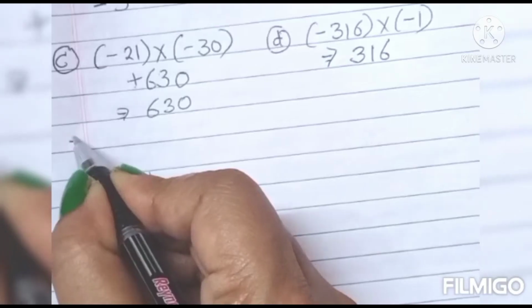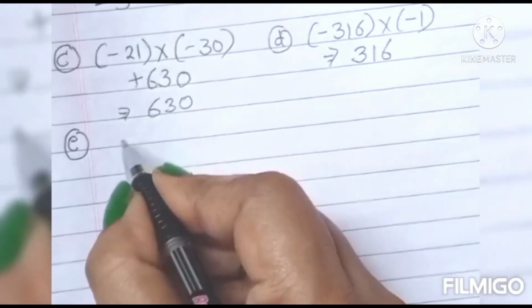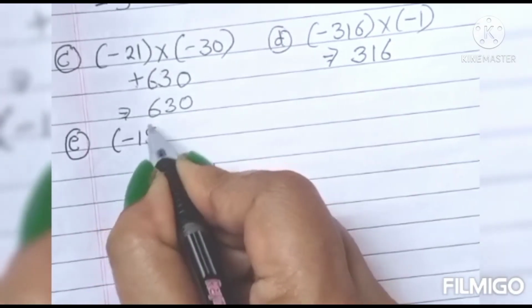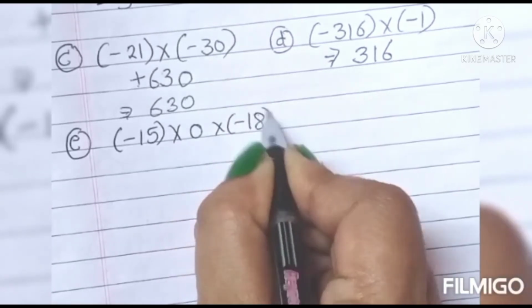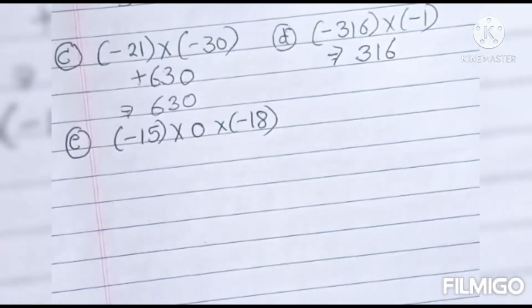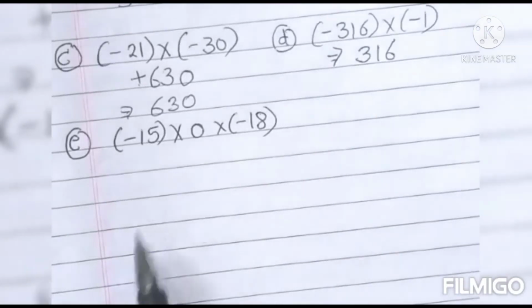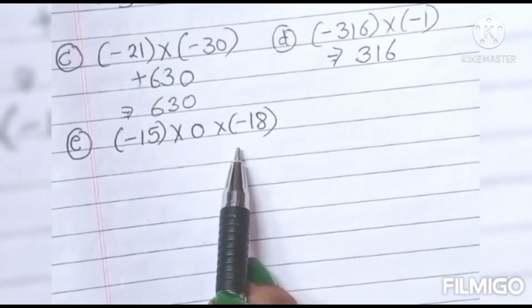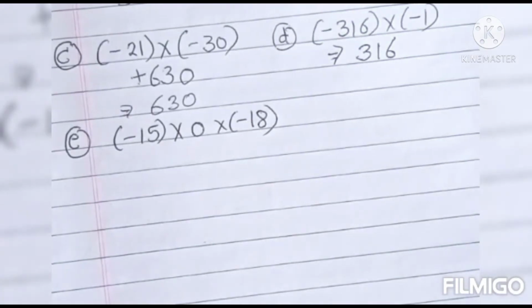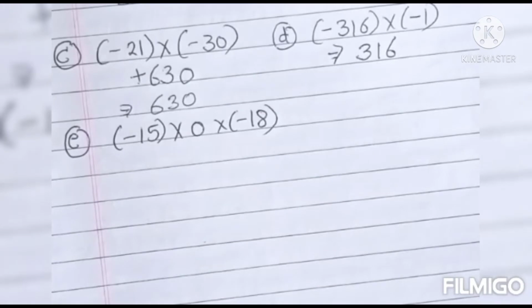E1. Now E1, minus 15 into 0 into minus 18. So here three integers are given, minus 15 into 0 into minus 18. If we move towards our property, I have explained the properties of an integer in the previous videos.